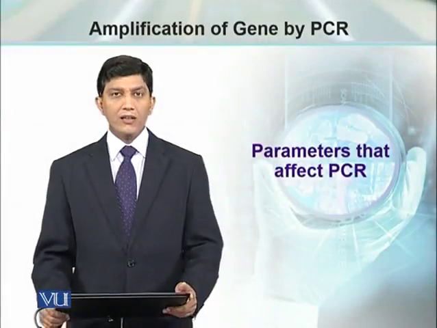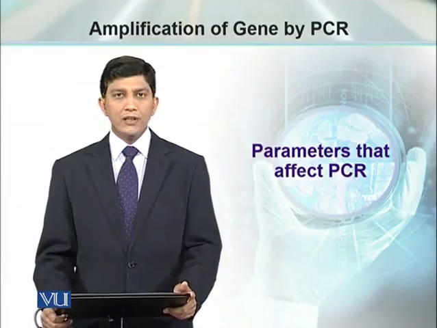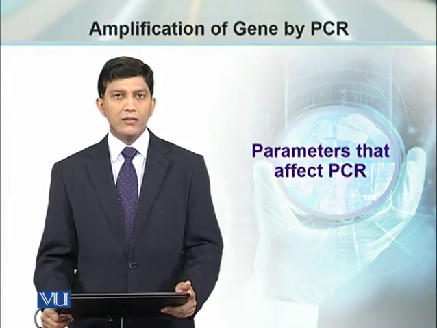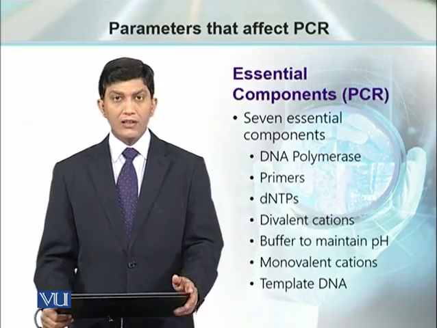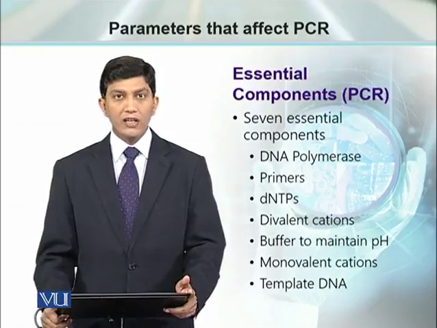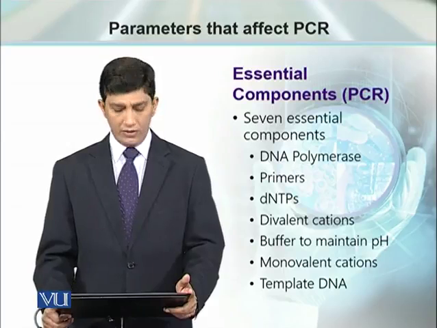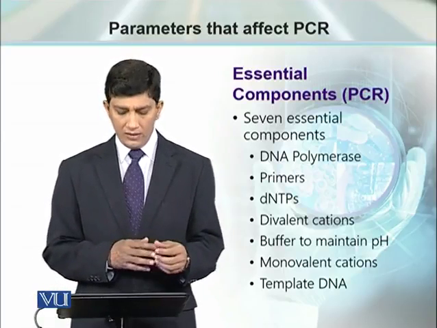For any method which is used in the lab, there are some parameters that can affect the success of the method. For PCR, the essential components are the parameters which can cause the failure or success of the method. There are 7 essential components for PCR.